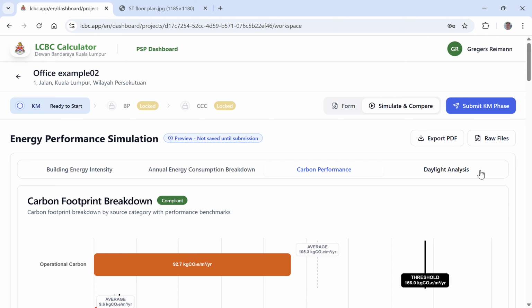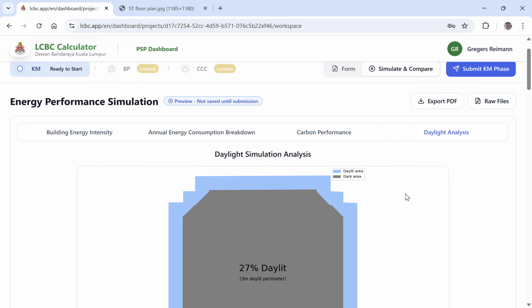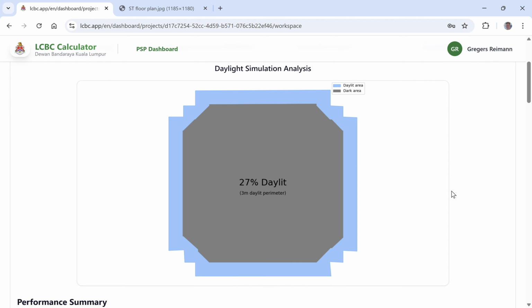At the far right here, under daylight analysis, the portal shows you the floor plan of the building and how far the daylight reaches into the building. In this case, the daylight reach is shown by the blue color, and we put a 3-meter deep daylight reach.